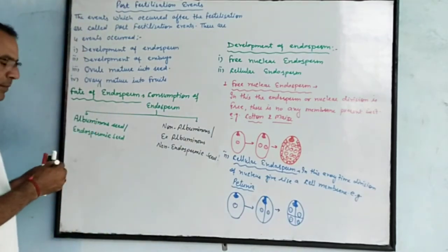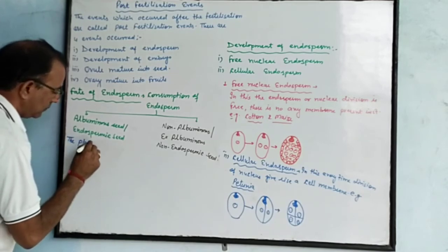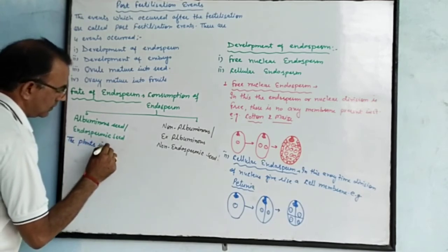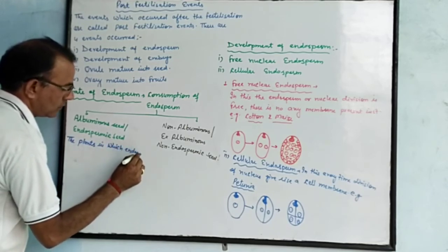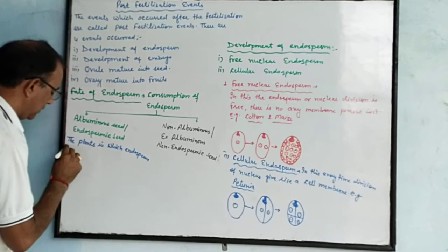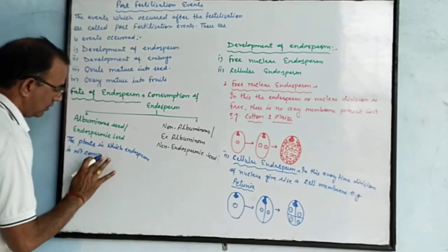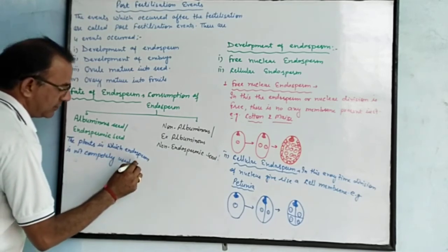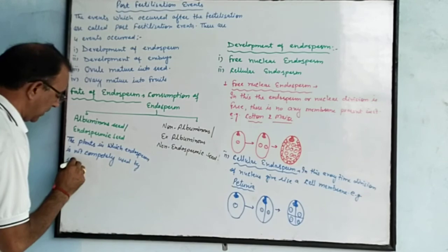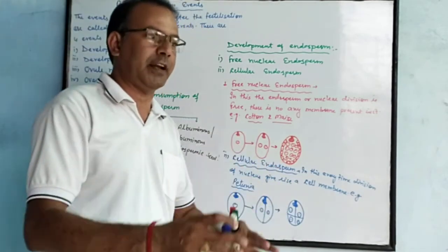Albuminous seed or endospermic seed. The plants in which endosperm is not completely used by the seed. It means the seed remains with endosperm. इसमें seed endosperm के साथ contained होते हैं, endosperm present होता है.